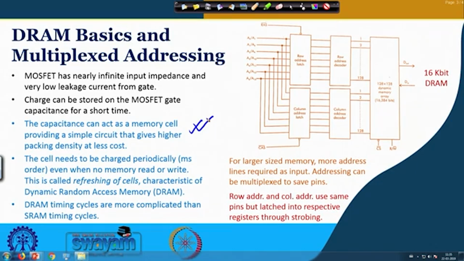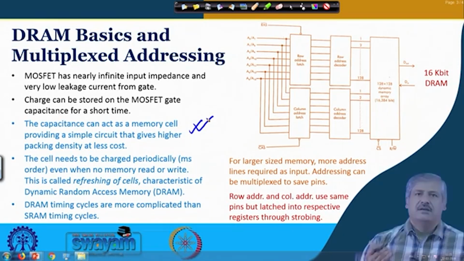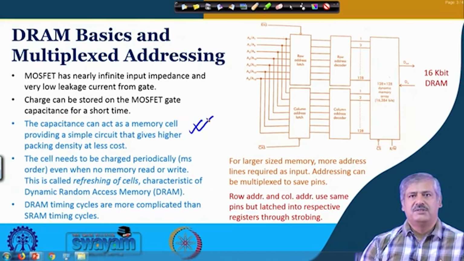Of course, as we see in any design, there is always a trade off. The trade off is what we just noted: the capacitance leakage is relatively small, but still it leaks.